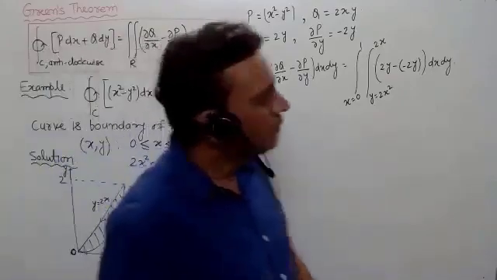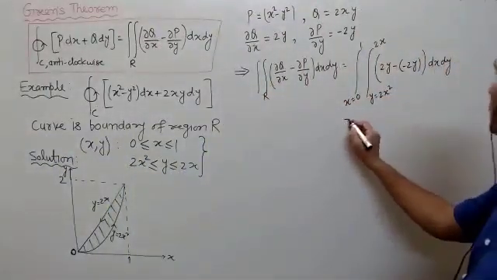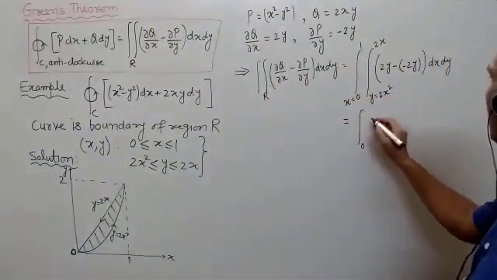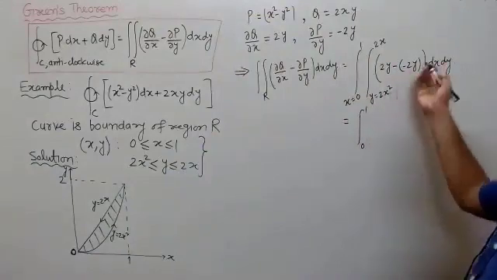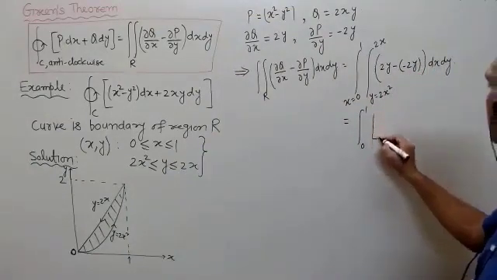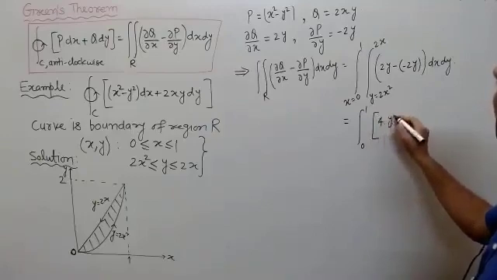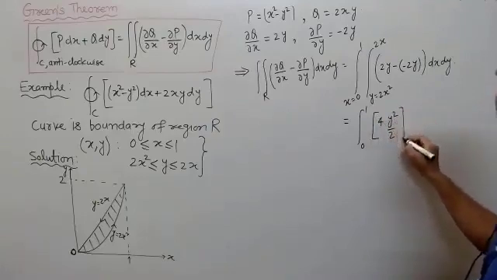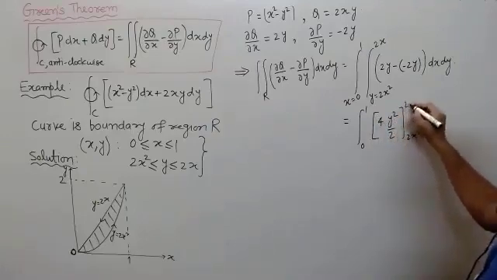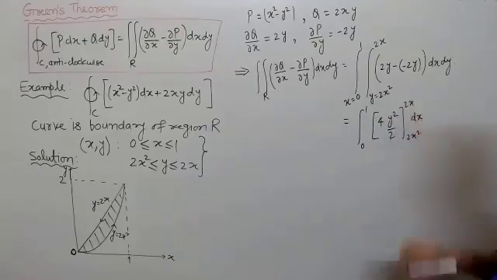Evaluate this. So this will give you x 0 to 1. This is 4y. So 4y will give you 4y square by 2, 2x square to 2x dx.